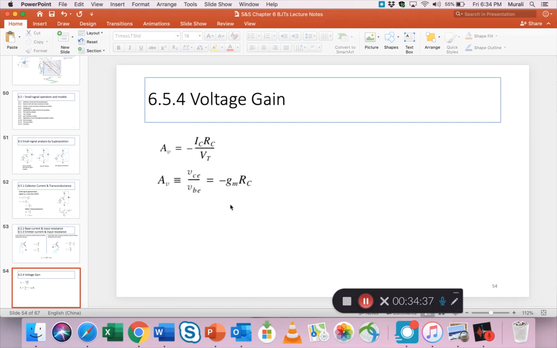So even without actually going into the small signal analysis, it doesn't matter whether the small signal is a 1 milliamp current or a 1 millivolt microphone voltage or a 1 millivolt signal coming from some kind of sensor or a 5 millivolt signal coming from a radio circuit, it doesn't matter.